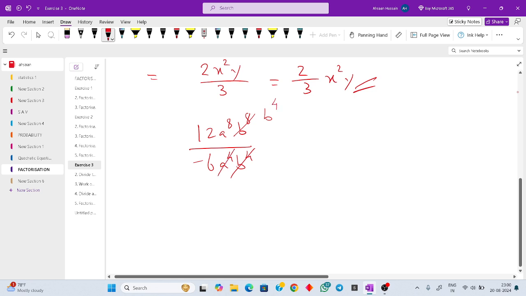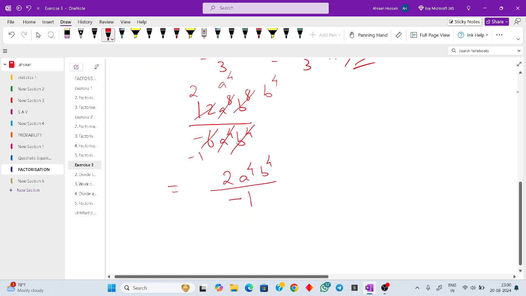And again, if you cancel these two, a power 4 is left. And 6 one times and 6 two times. So the answer will be 2a power 4 b power 4 divided by negative 1. And 2 divided by negative 1 means negative 2. So we'll just write negative 2a power 4 b power 4.